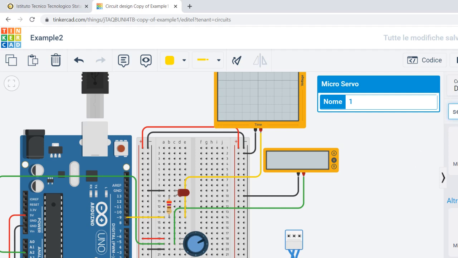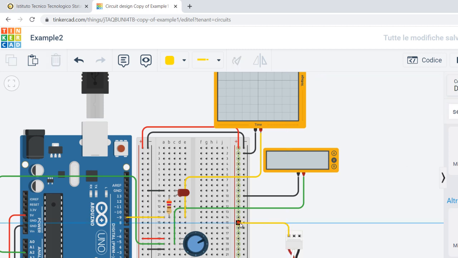There is an important thing to note, because we can connect the servo motor power supply to the 5 volt of the Arduino board, but this is not suggested because servo motors, especially when they start, absorb a lot of current, and the Arduino board may become unstable. So it is better to provide the power supply for the servo motor from an external source.